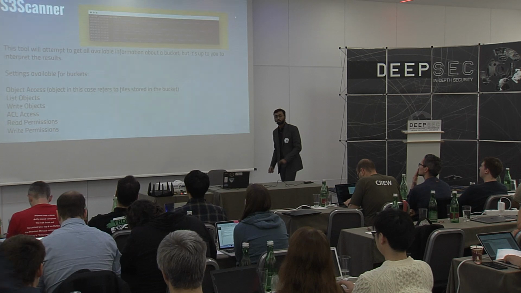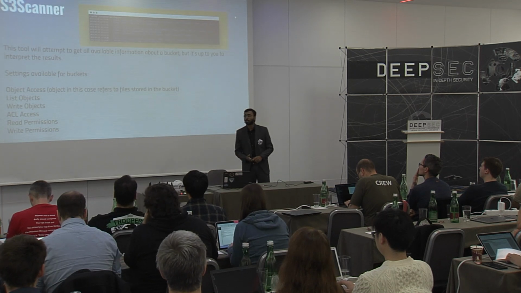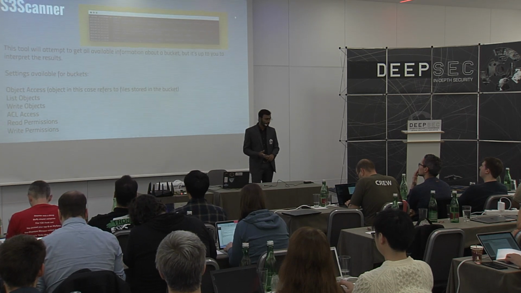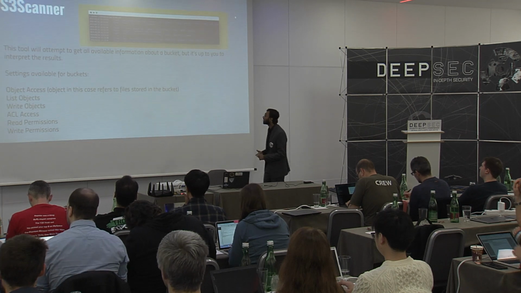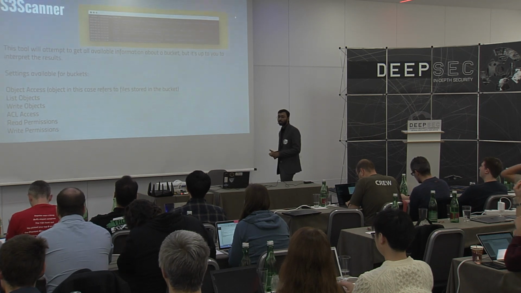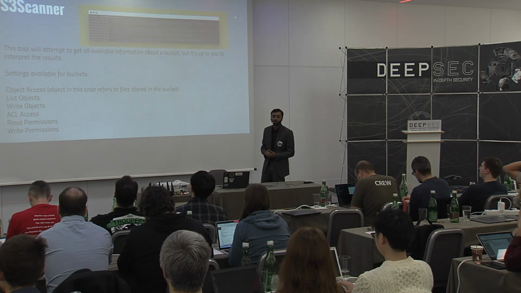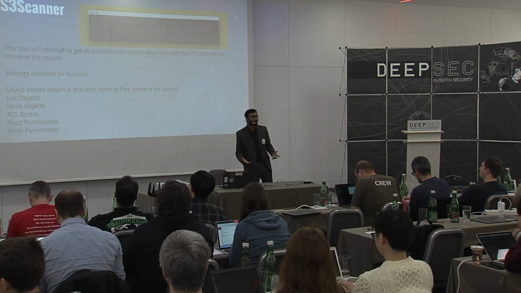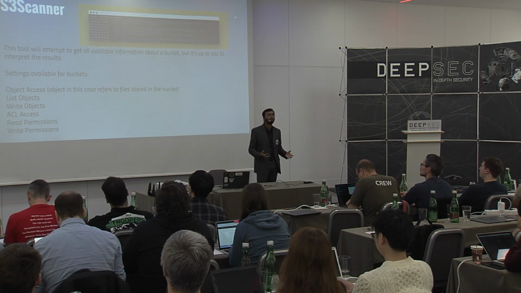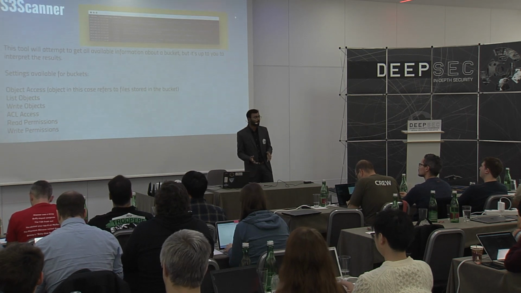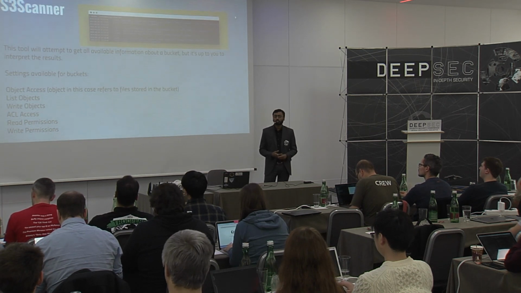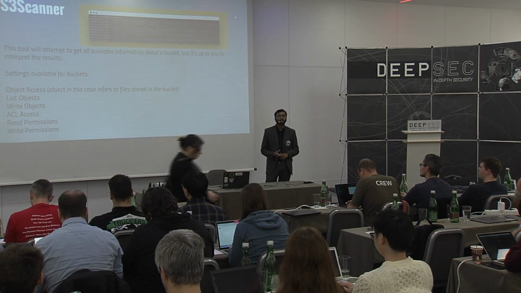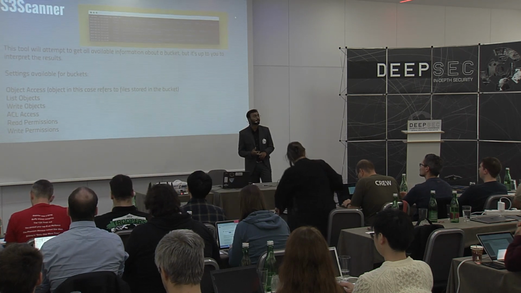I use a tool which is again an open source tool called S3 Scanner, and this S3 Scanner is a command line tool. It also has a default word list file, but you can always provide a custom word list file for your own use, and you can customize it to the level that it not only identifies public buckets.